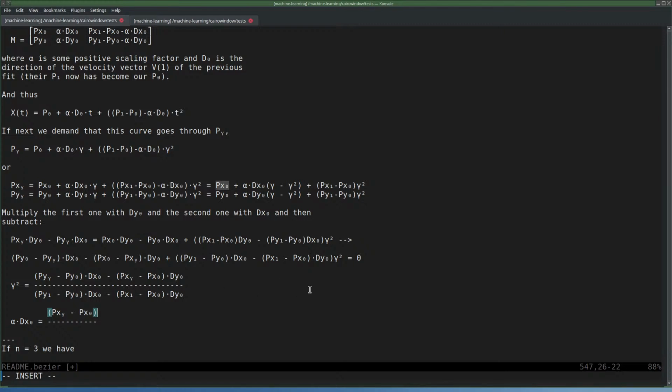It's the same value as that. That is this minus that. Minus that, I guess. Divided by gamma times gamma squared.